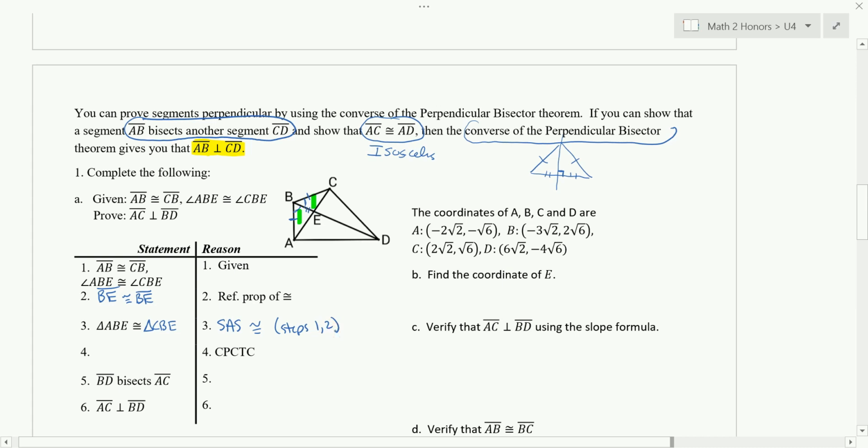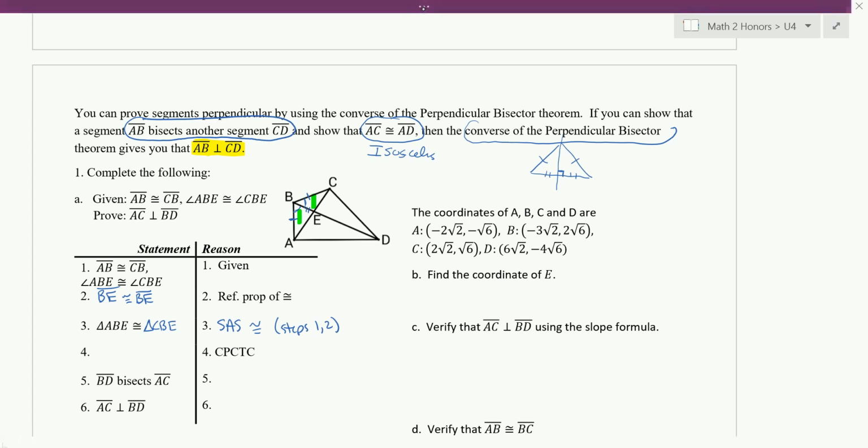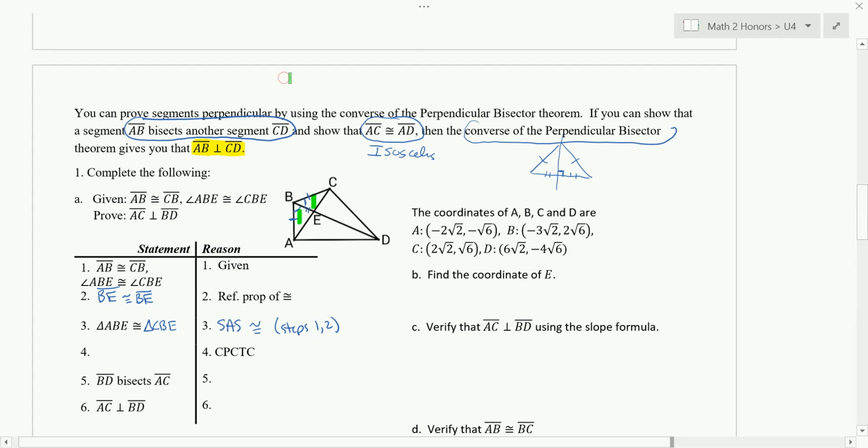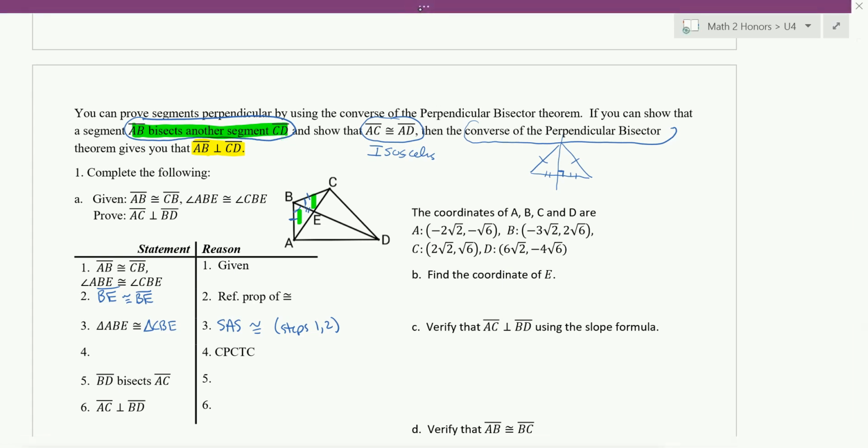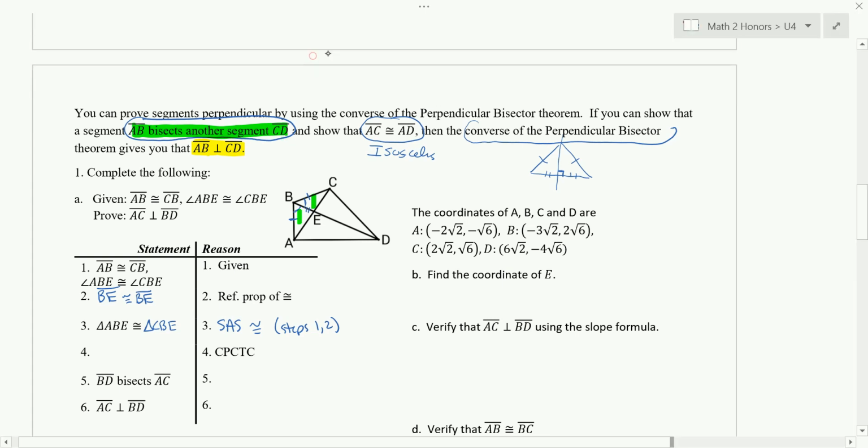Now, let's pause here and focus on what we're trying to show and what I said before we started the proof. In the proof, we need a bisector. Do we have that in our proof yet? No. Okay. And then the other piece we need is an isosceles situation.